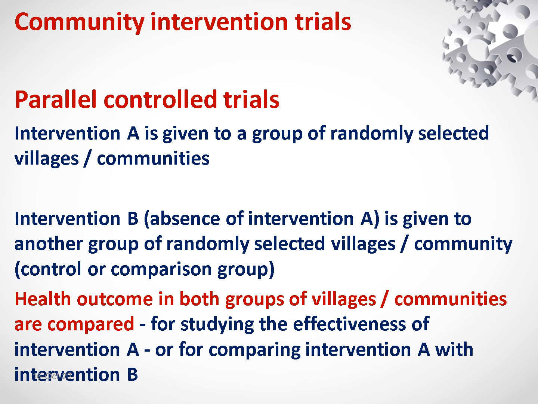Disease occurrence in those villages which got vaccination is compared with disease occurrence in those group of villages which didn't get vaccination. Health outcome in both groups is compared for studying the effectiveness of intervention A or for comparing intervention A with intervention B. That is parallel controlled trials.